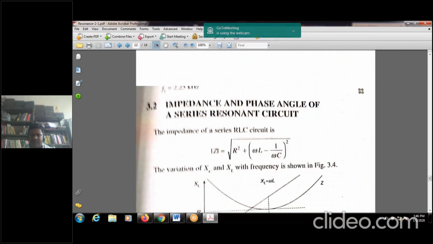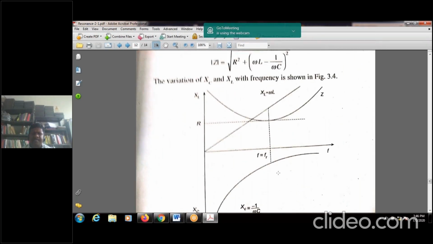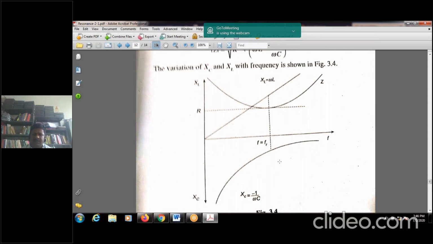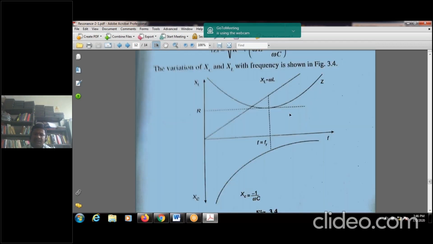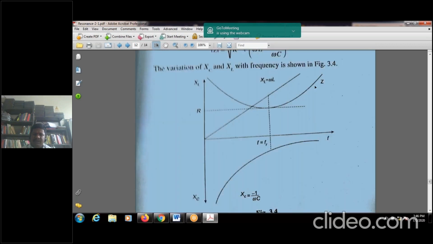Now we observe here, this is the resonance curve. This is for the capacitor, X is equal to 1 by omega C. And this is for the inductor, passing through the origin. Then this curve is the resonance curve. This curve Z, here Z is the impedance.